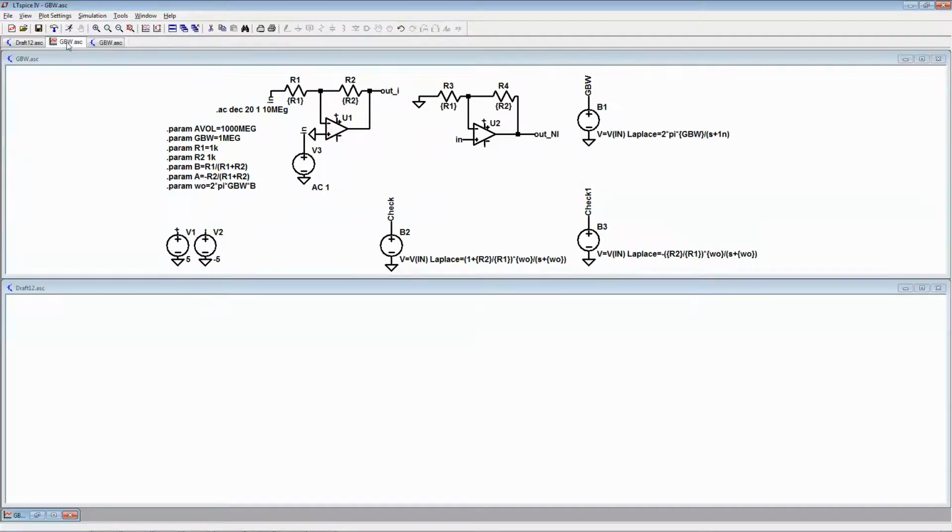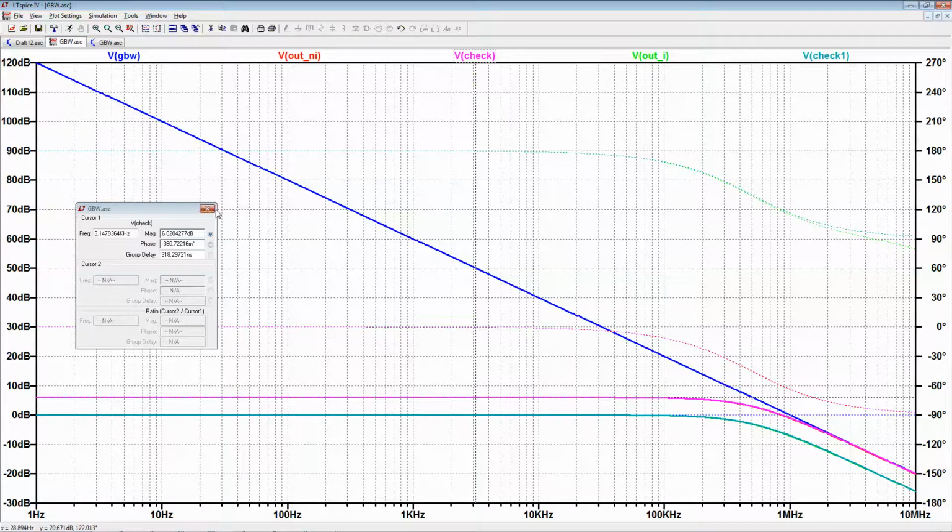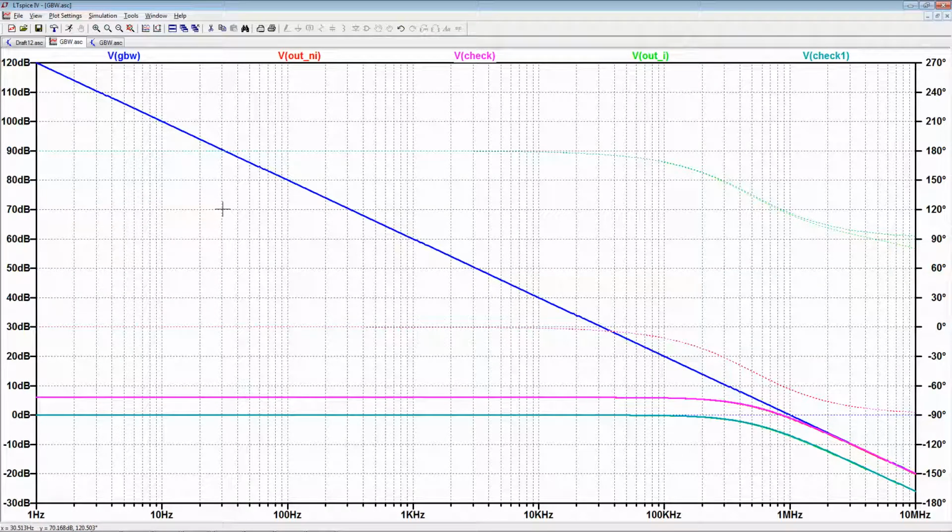So here's everything in LTspice, and the gain is 6 dB for the non-inverting, and it's 1 for the inverting.